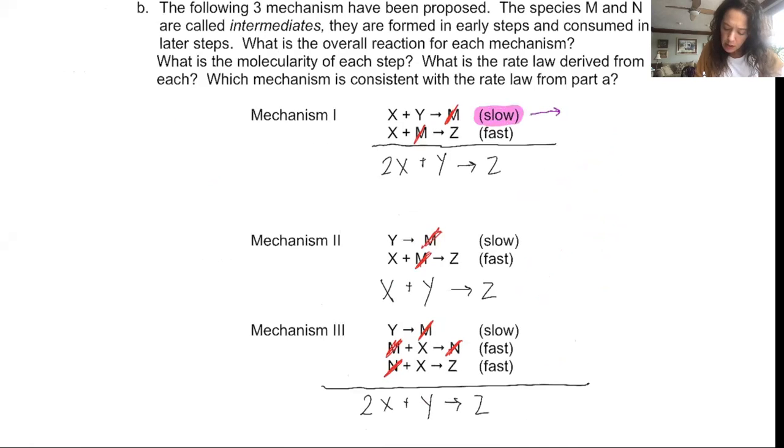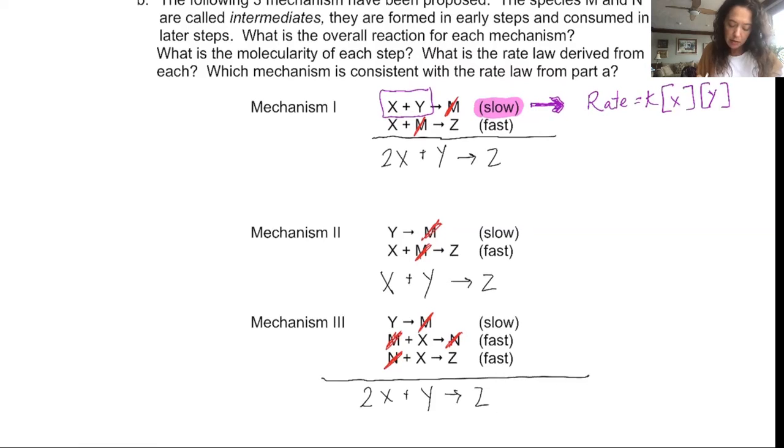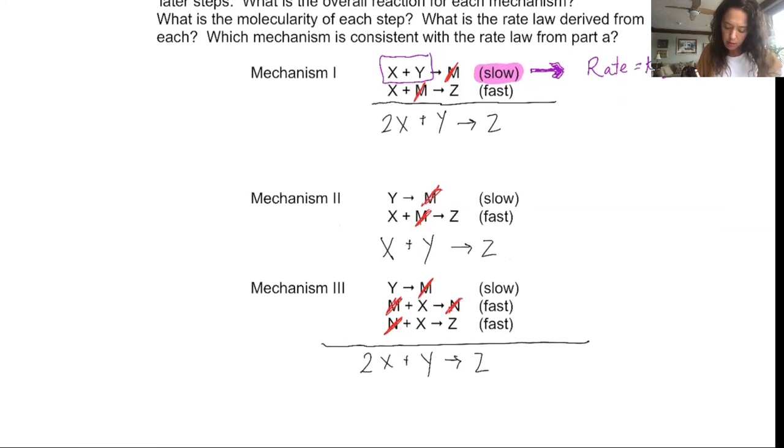According to my slow step, the elementary step that is identified as my slow step, the rate is equal to K. Now I'm simply going to look at my reactants, and I have 1x, so it'll be x raised to the 1, and 1y, so it'll be y raised to the 1. Okay. According to mechanism 1, that's the rate law.